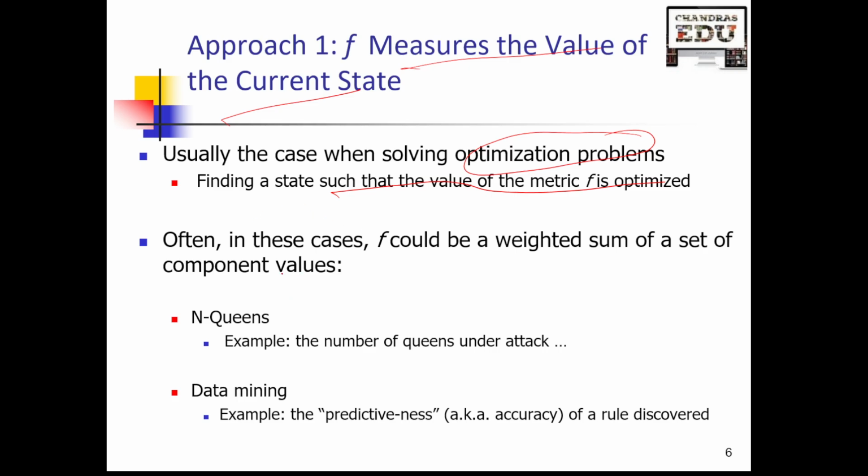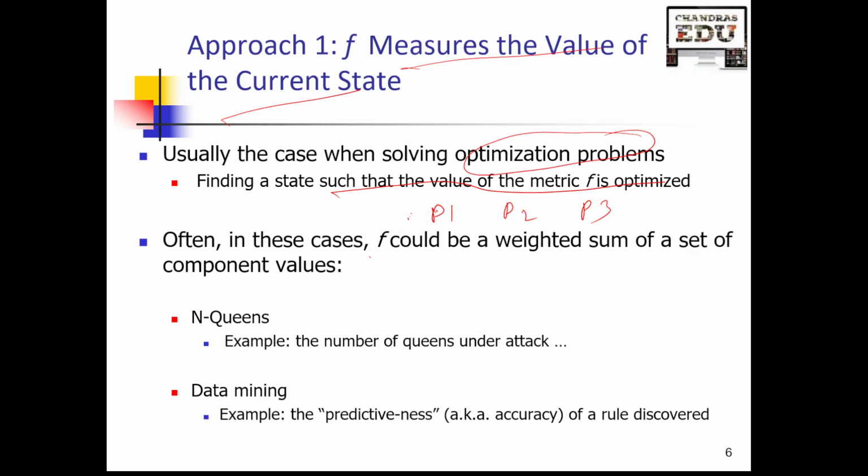Here we can even consider all the parameters as a weighted sum. That means parameter 1, parameter 2 and parameter 3 are the factors which need to be considered for optimization. Suppose parameter 1 is very important.